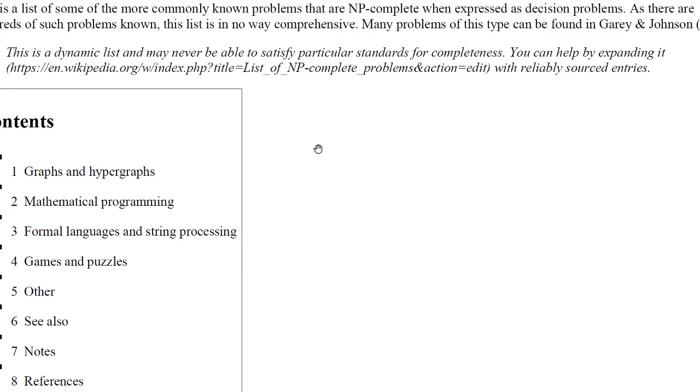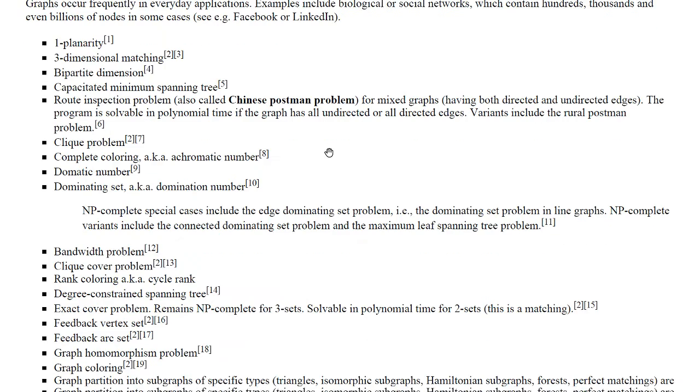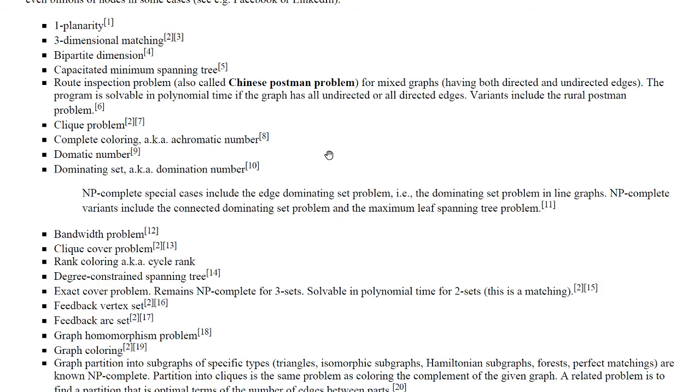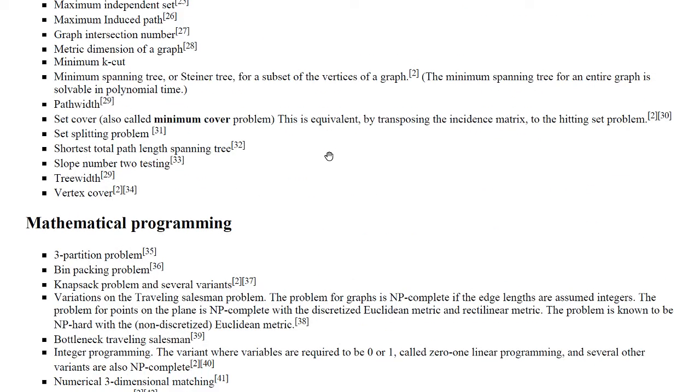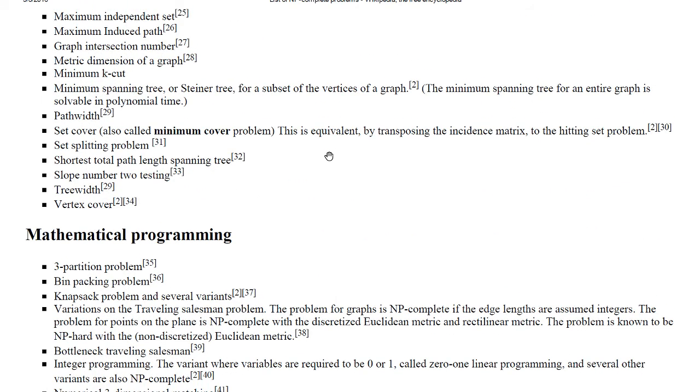so here are some examples of NP complete problems. Most of these, I have no idea what they even are. Clique problem, clique cover problem. Those are uninteresting. Graph coloring is fun. Hamiltonian completion, we're going to talk about Hamiltonians in a while.